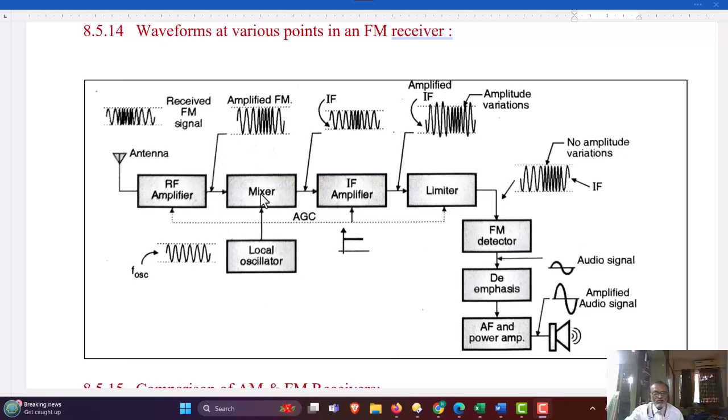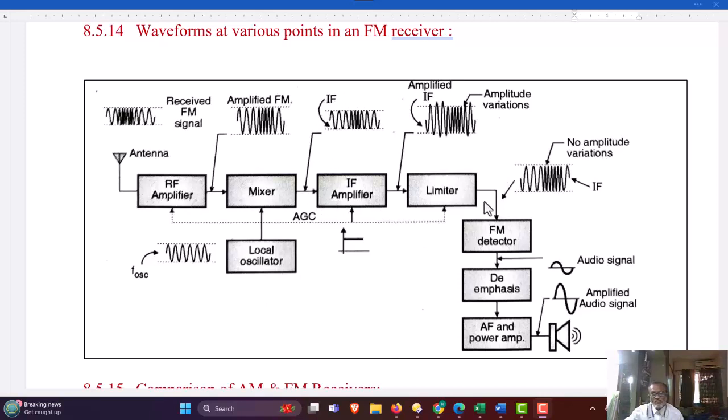These two signals are mixed by the mixer, and the output of the mixer is again a frequency modulated signal. The only difference is that here the carrier frequency is changed from the station carrier frequency to intermediate frequency. Even though the station is changed, the local oscillator frequency is also changed proportionately, and therefore IF remains constant.